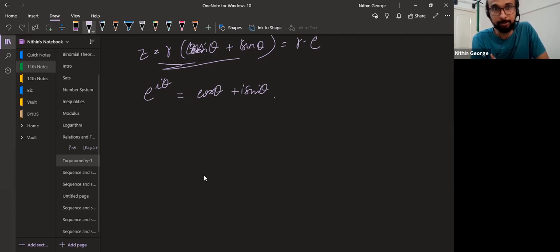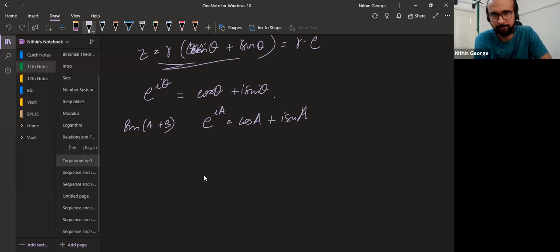For example, if you want to prove sin of a plus b, the proof is generally very complicated. You draw a circle, there are many angles in between that you mark out. But here, sin of a plus b we can prove using this. e power ia is cos a plus i sin a, and e power ib is cos b plus i sin b.